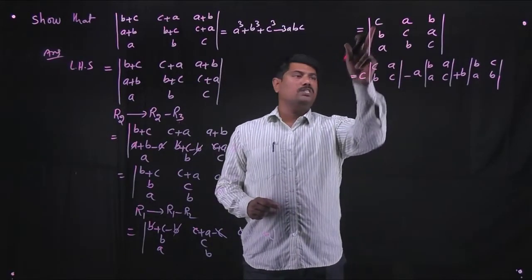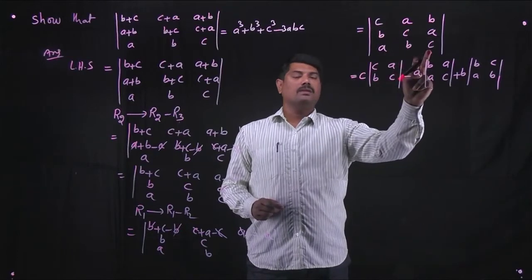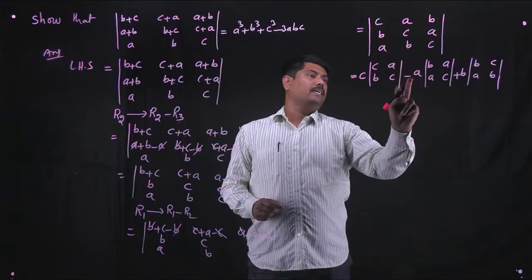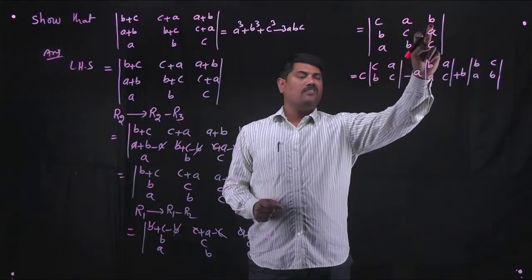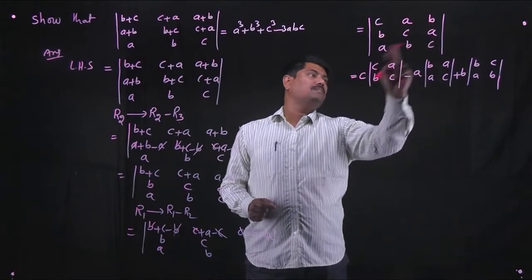The cofactor of c has a positive sign, it is c times the determinant c, a, b, c. The cofactor of a has a negative sign, so that is minus a times the determinant b, a, a, c. The cofactor of b has a positive sign, b times the determinant b, c, a, b.